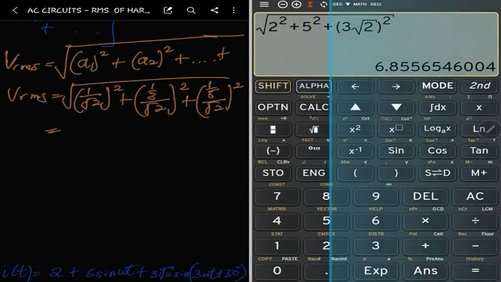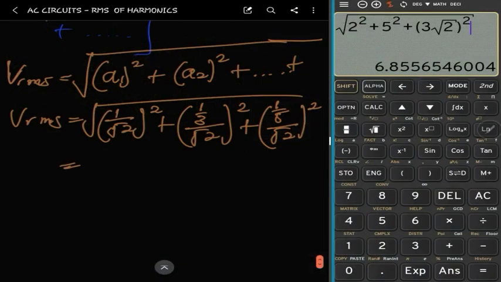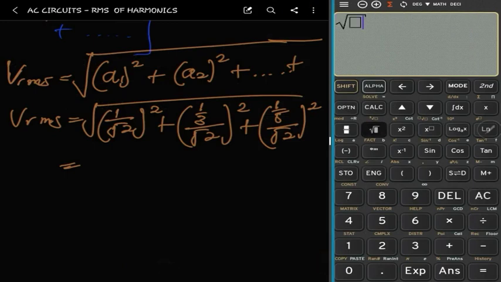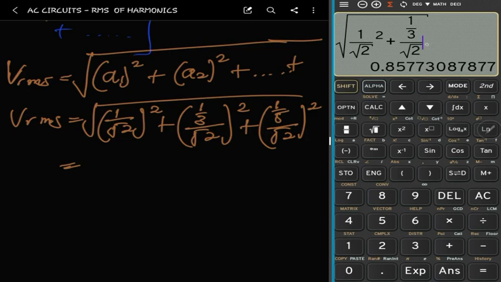Okay. So most of the time it's very important that when you find a way to recognize a procedure, it makes your work much easier. So that's 1 on root 2, and we square this, right? Plus 1 on 3, all on root 2, and then we square this.